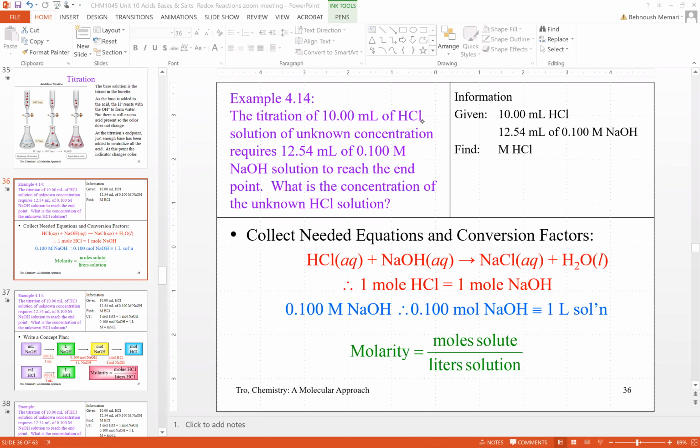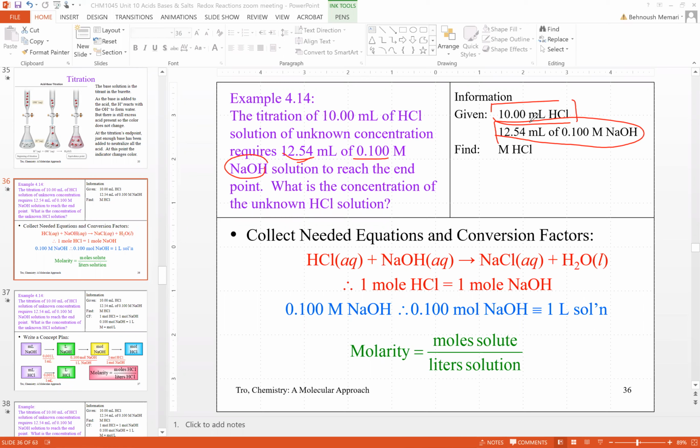So in this example, HCl is your unknown because we don't have the concentration, but the sodium hydroxide that you are using has both concentration and volume, so it is the given. Looking for is HCl.